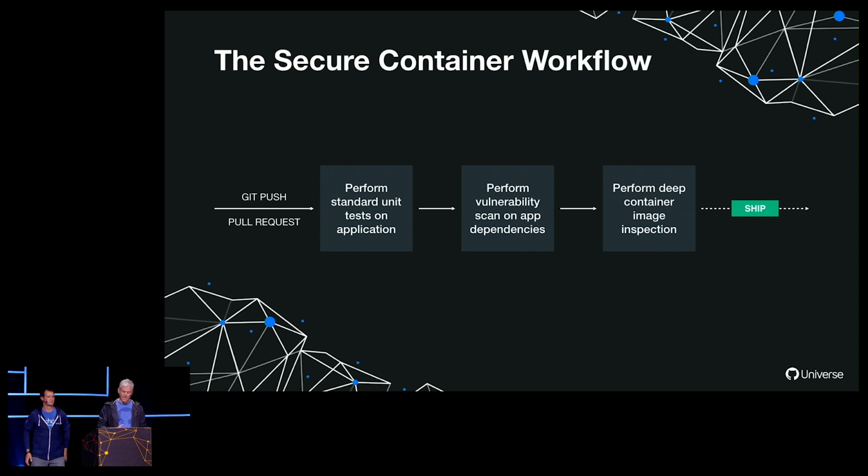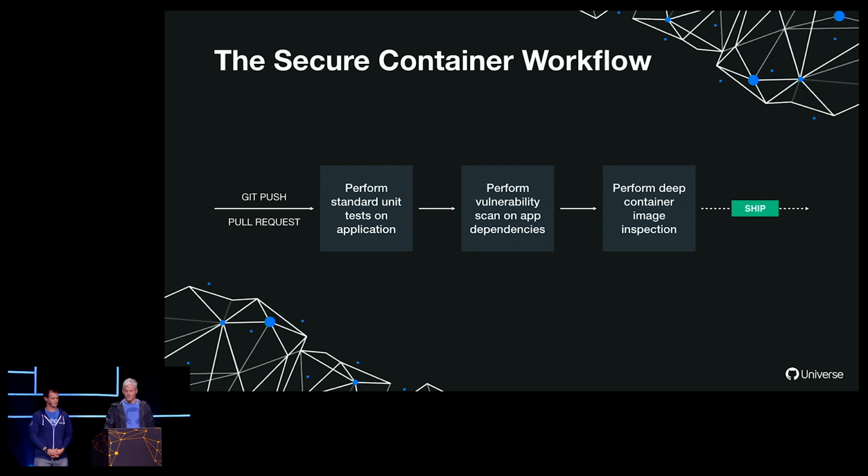But we're also doing a much deeper vulnerability scan on the app dependencies. We're doing a deep inspection of that container. And when all of that stuff passes, we can ship. So even though I'm not a security expert, I'm a developer, I can still ship with confidence and with high velocity, be confident in the security of my release and the quality, thanks to the Anchore scan action and GitHub Actions.